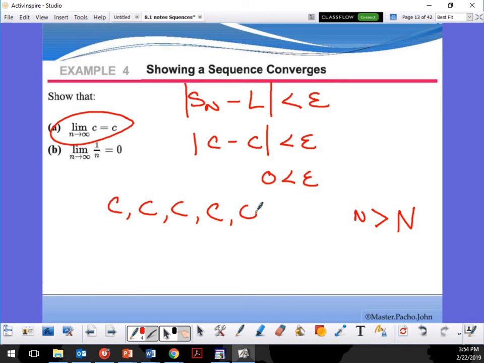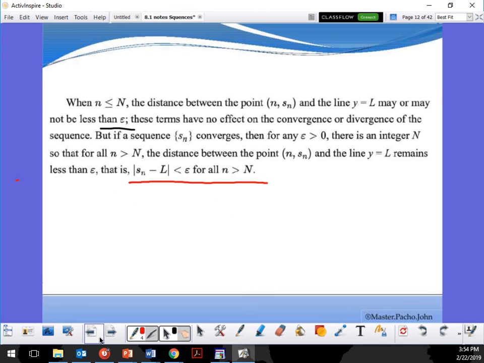Okay, so my epsilon right here is going to be greater than 0 because that's what we're looking for there, right? So it converges for any epsilon greater than 0. If a sequence converges, for any epsilon greater than 0, there's an integer, capital N, so that for all lowercase n greater than capital N. Okay?